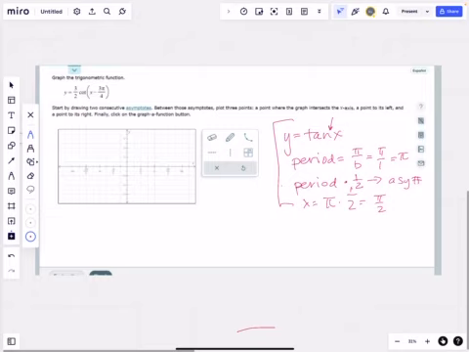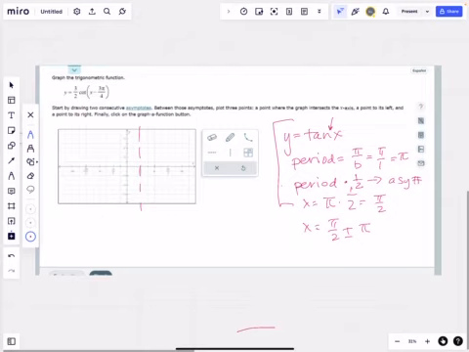Then I can add plus or minus pi to find the rest of my asymptotes.